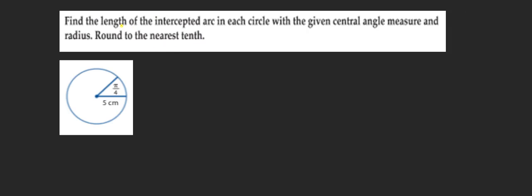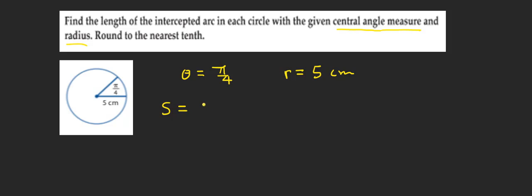They want us to find the length of the intercepted arc in each circle with the given central angle measure and the radius, and round to the nearest tenth. So what is the central angle they give us? The central angle is pi over 4. It's in radians, so that's good. And the radius is 5 centimeters. So what is going to be the arc length?